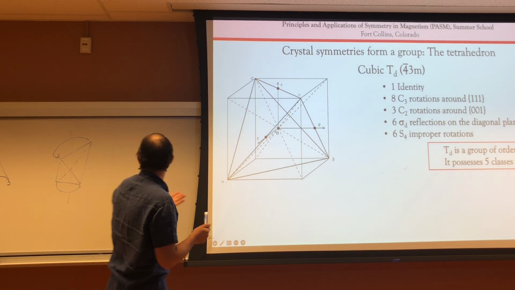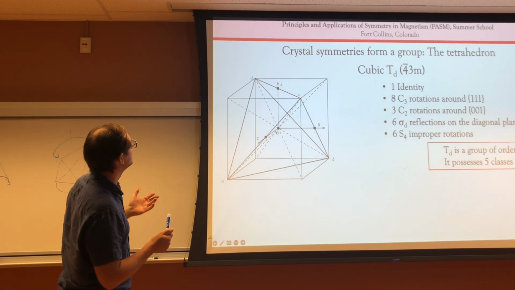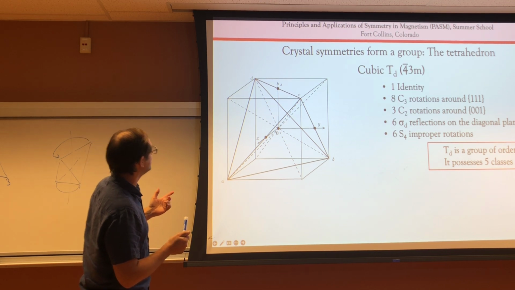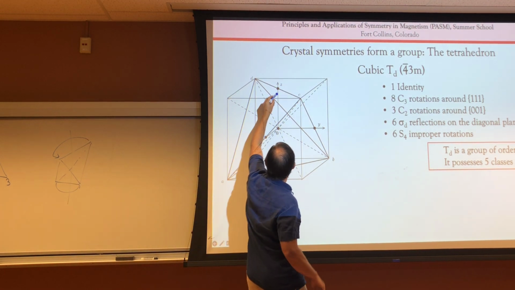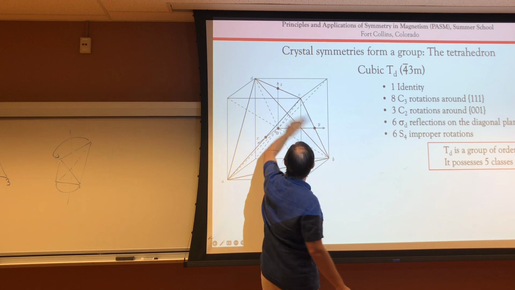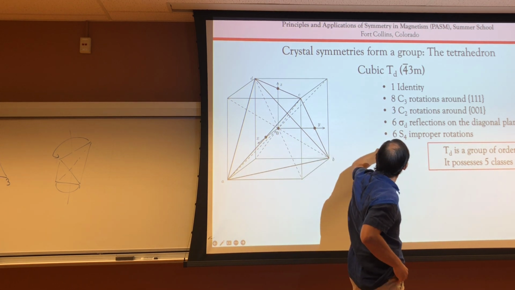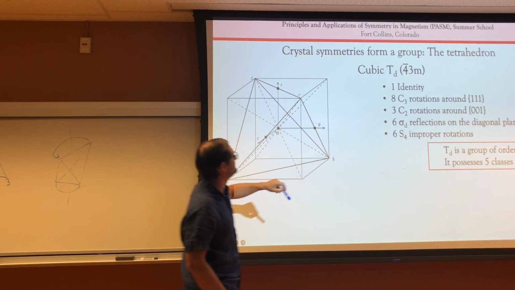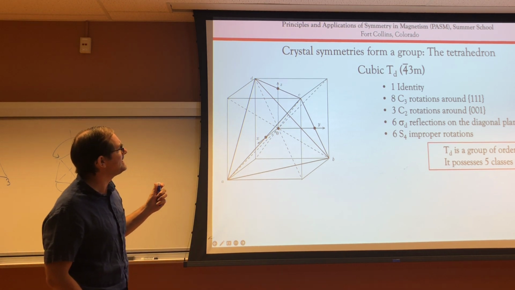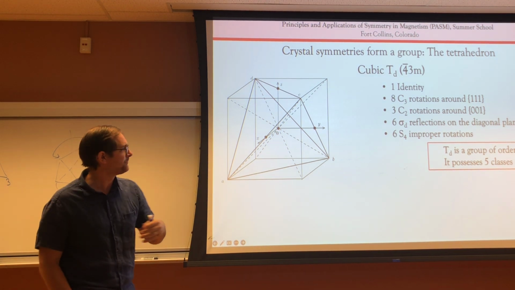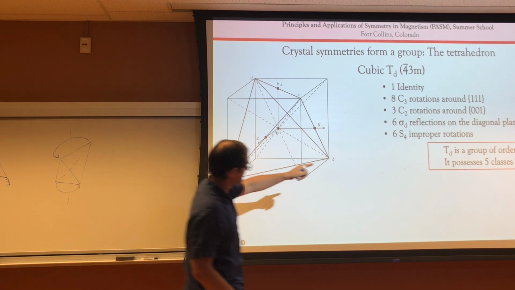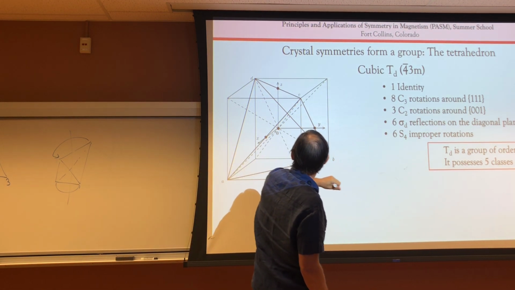So now I have, in this case, 3 equivalent axes, x, y, and z. So you have 3 C2 rotations. I have the sigma d reflection. Sigma is a reflection, and d means that it's on the diagonal plane.